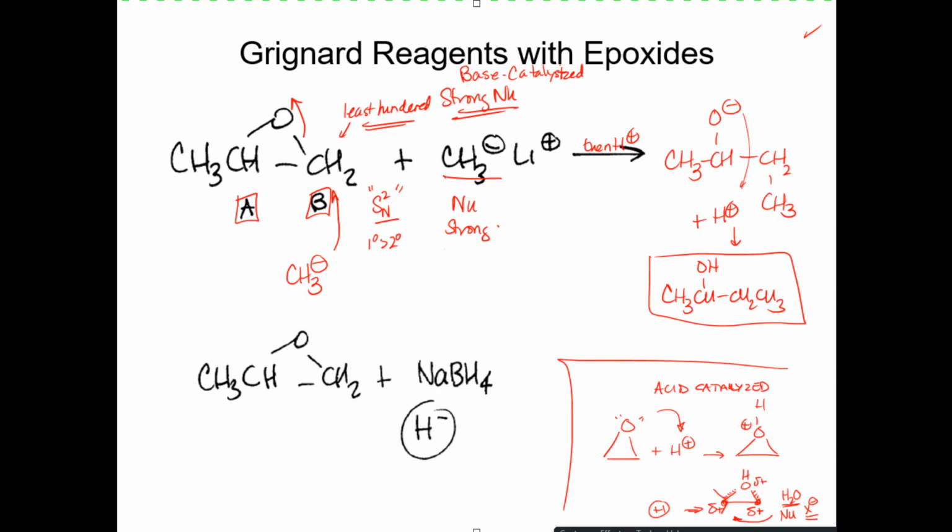And so those two have different regiochemistries. The acid catalyzed, the nucleophile adds to the most substituted carbon. In strong nucleophile ring opening, the nucleophile adds to the least substituted.